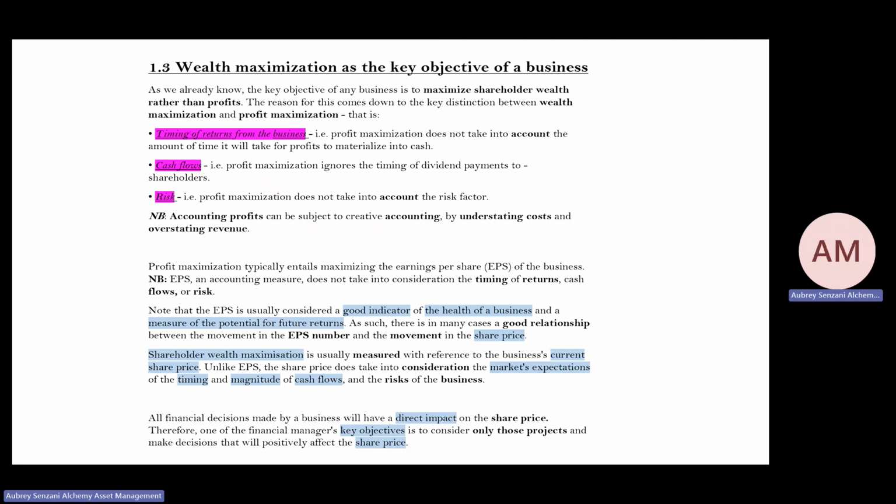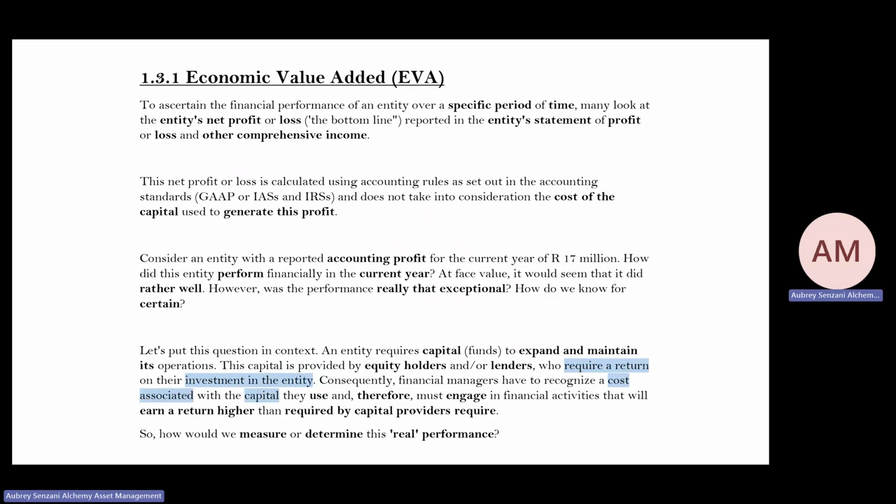Okay? All financial decisions made by a business will have a direct impact on the share price. Therefore, one of the financial manager's key objectives is to consider all these projects and make decisions that will positively affect the share price. Okay?